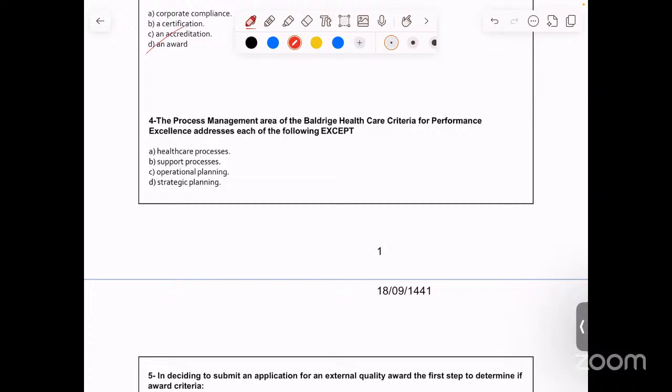So we have choices: A, healthcare processes; B, support processes; C, operational planning; D, strategic planning. Key processes, okay, this is right. What about the support processes? This is also right. And C, operational planning is correct. And letter D, strategic planning, is the answer, which is not right.